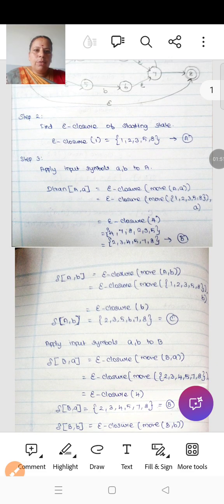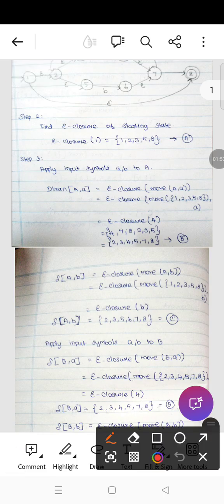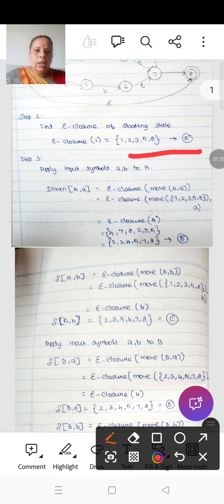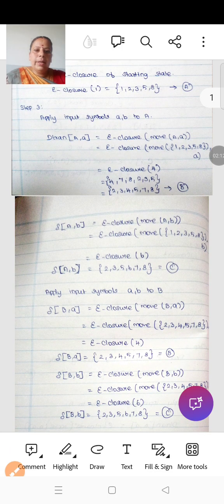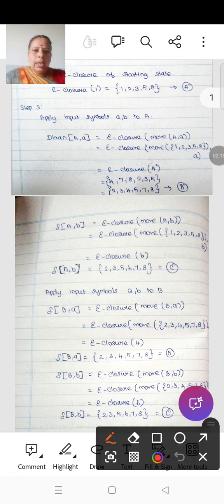The new state which is found is represented using capital A. The state having 1, 2, 3, 5 and 8 is represented using capital A. Next, step 3, the transition function. You apply the transition function with input small a.